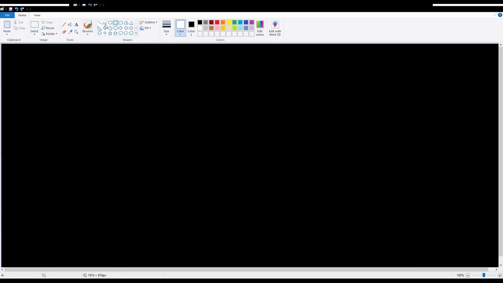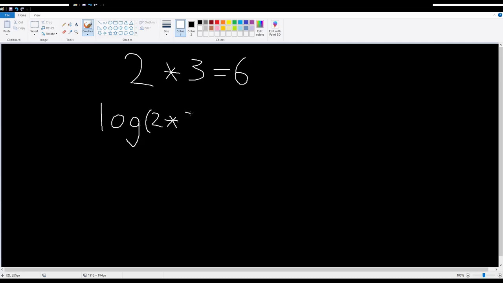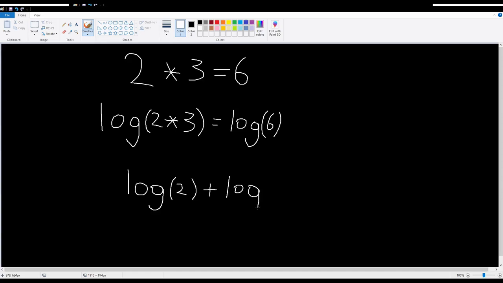So you can have 2 times 3 equals 6, and if you take the log of both sides, you have the log of 2 times 3 equals the log of 6, and then we can use the way logarithms work to say that the log of 2 plus the log of 3 equals the log of 6. This is one of the basics of log rules. This kind of feels illegal, but it is true.